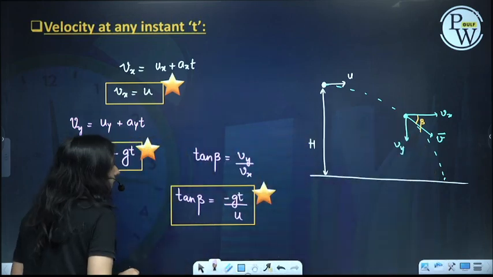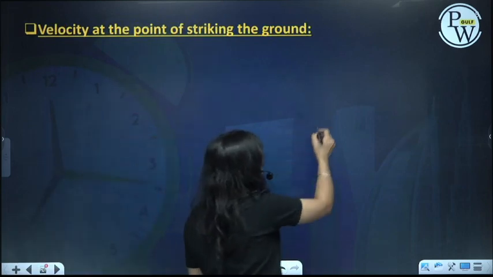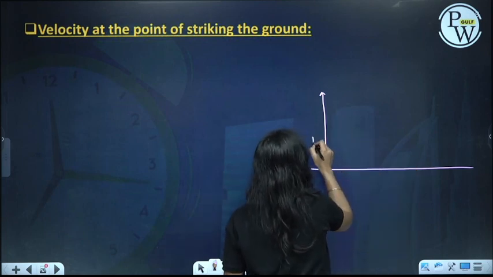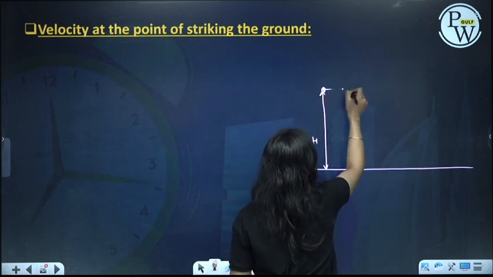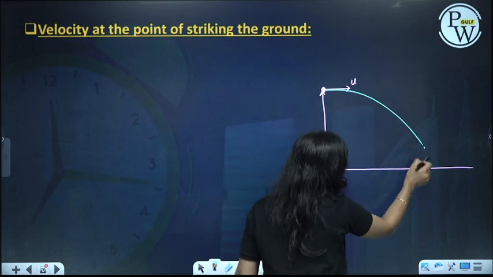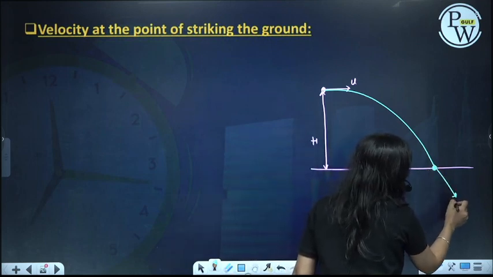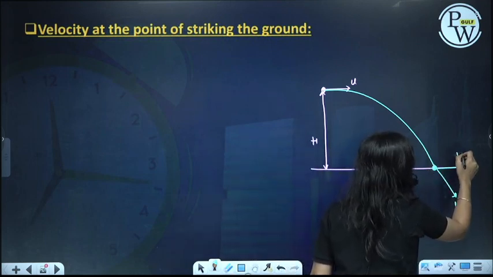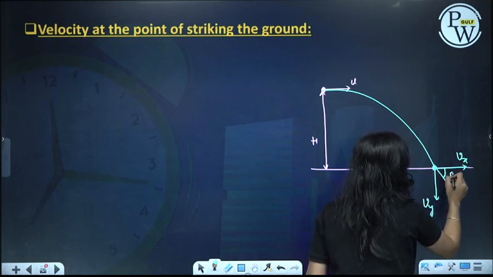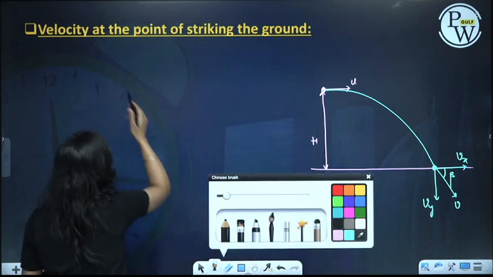Now let us find the velocity when it strikes the ground. If the particle is projected from a vertical height h, the path followed by the particle is like this. At this point velocity will be tangent to the path. It will have an x component and a y component, and the angle with the horizontal will be beta. Now substitute the values.